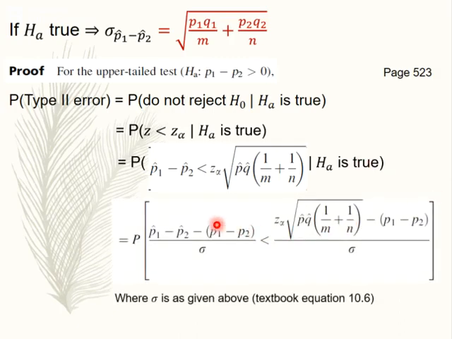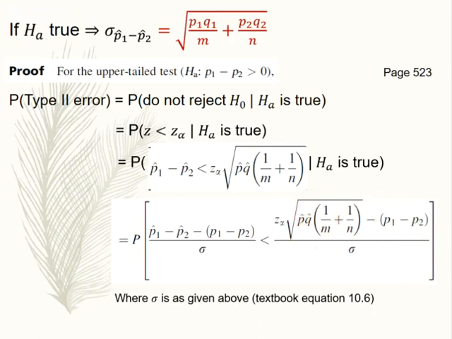We'll subtract p1 minus p2 as given, and then divide by sigma. This sigma is exactly this equation here, or the textbook equation 10.6. If you go back to the table where they give you all the beta type 2 errors, this is the probability that you're going to be looking for.